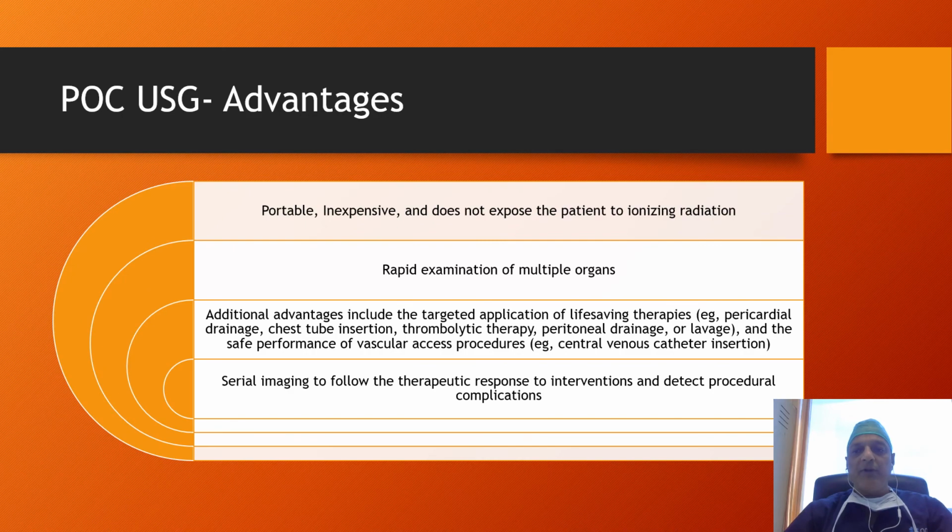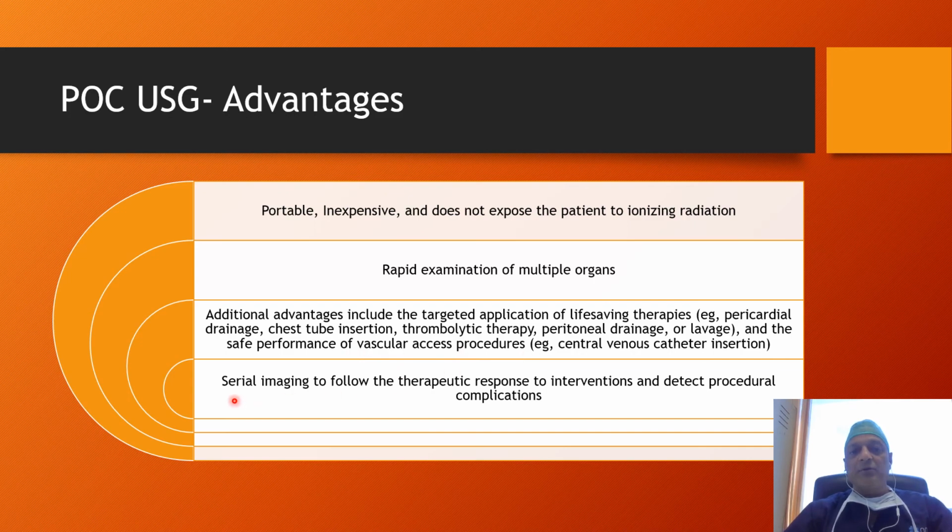In terms of advantages of point of care ultrasonography, it is a portable device, inexpensive and does not expose the patient to ionizing radiation. Rapid examination of multiple organs is possible with this device. Additional advantages include the targeted application of life-saving therapies like pericardial drainage, chest tube insertion, peritoneal drainage, and the safe performance of vascular access procedures.